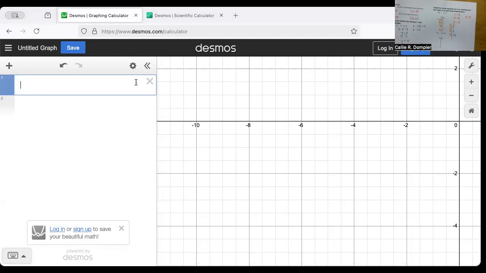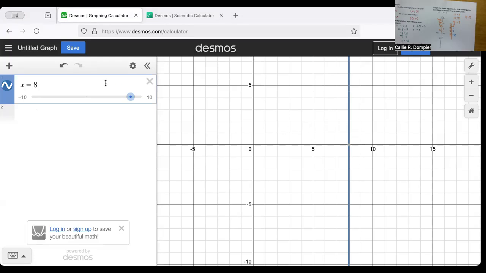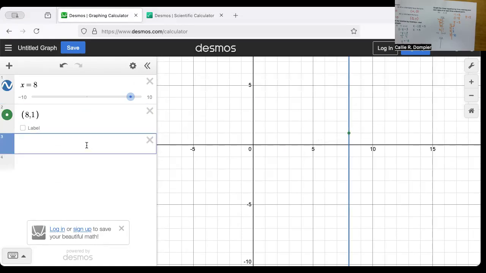So we're just talking about the equation x equals 8. See the line? That's the point 8, 0. That's the point 8, 1, also on the line. 8, -1, also on the line.